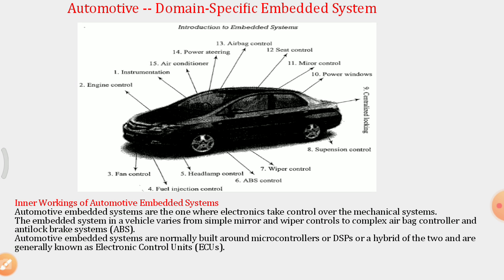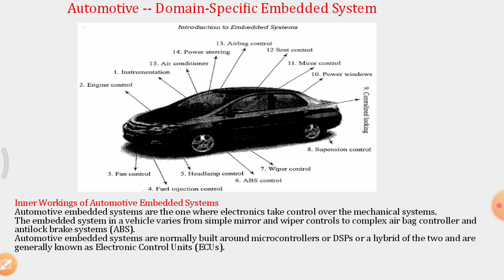So in a general vehicle, these are all essential, and these embedded systems are built in at the manufacturing unit itself. These are some of the inner workings of automotive embedded systems, where electronics take control over mechanical parts or systems.